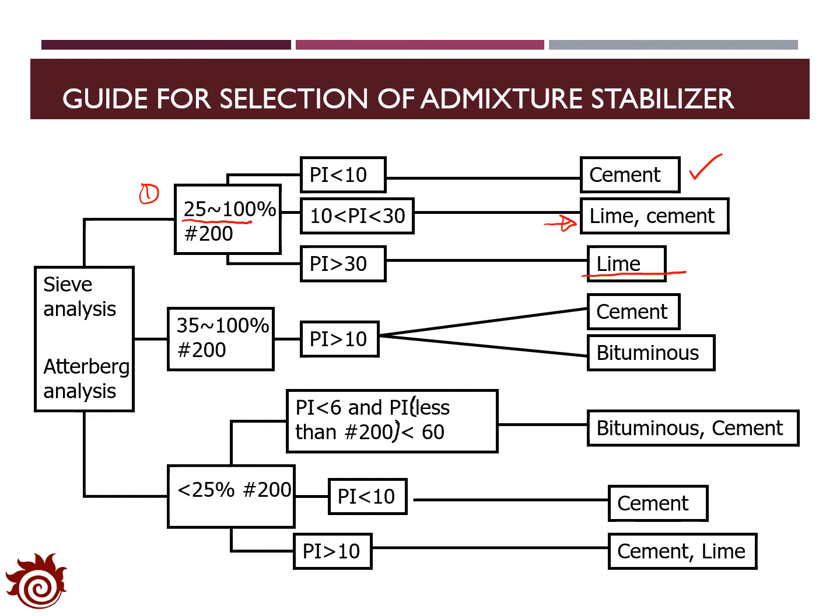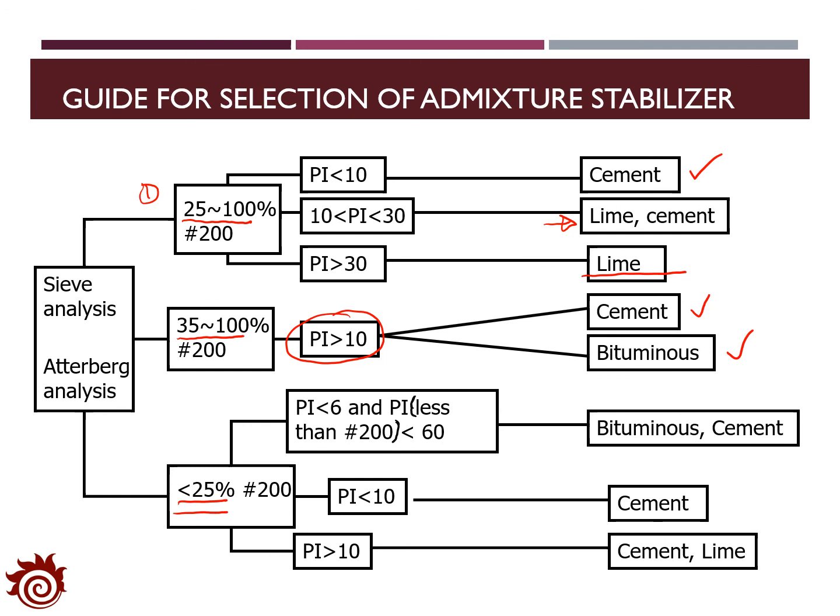And then if we find that the percentage passing the number 200 sieve is between 35 and 100, and the plasticity index is higher than 10, then we can use both cement and bituminous. If we find that the percentage passing the number 200 sieve is less than 25, then we have to check three conditions.